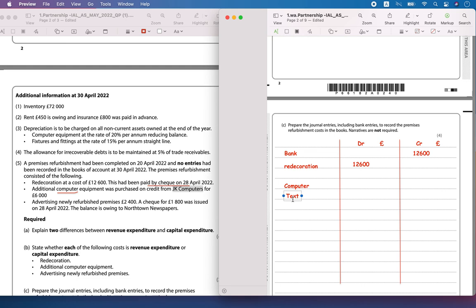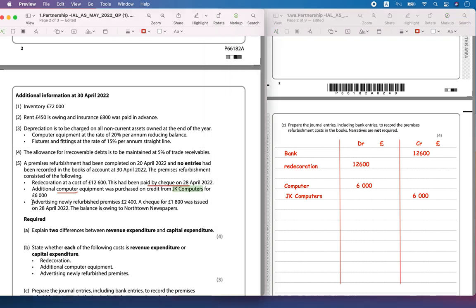So computer equipment purchased appears as 6,000, it came into the business. And JK Computers we are liable to pay, so I'm going to put it as 6,000 credit. We have to pay.